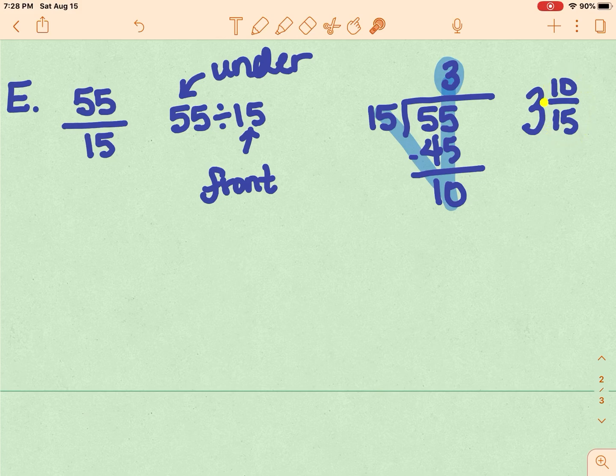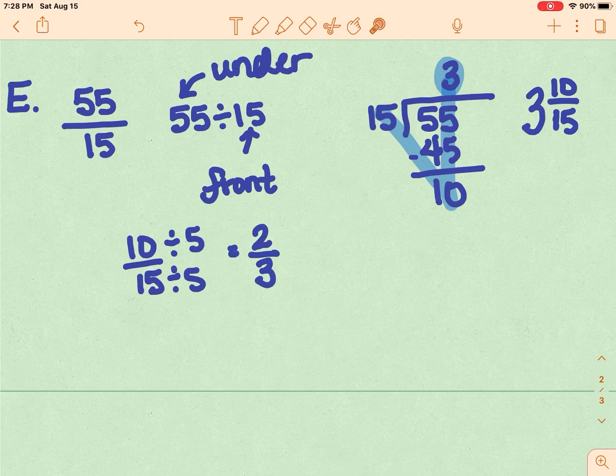And remember, this part right here, I can tell by looking at it that 5s are going to go into both of those. So if I reduce them both by 5, it's going to be 2/3. So I'm going to put this in the spot where 10 over 15 is.